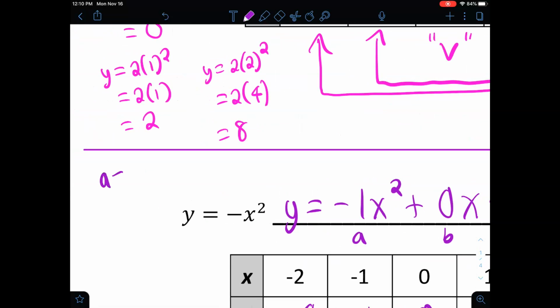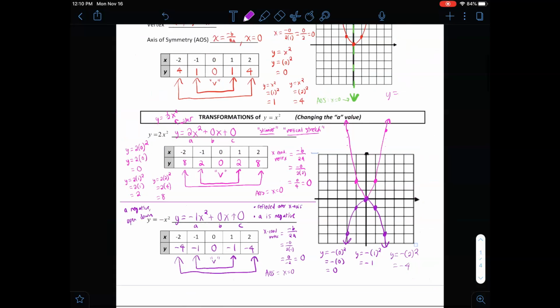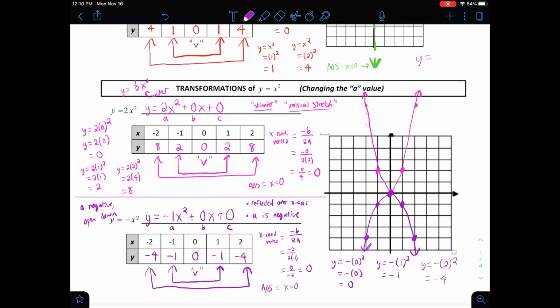If the a value is negative, it's going to open down no matter what. Same thing with absolute value functions too. If a is negative, it's going to open down, and a number in front of the x squared is going to change how skinny or wide it is, and also whether it's stretched vertically or not. So that's the essence of this. Those are the different kinds of transformations that you'll see.